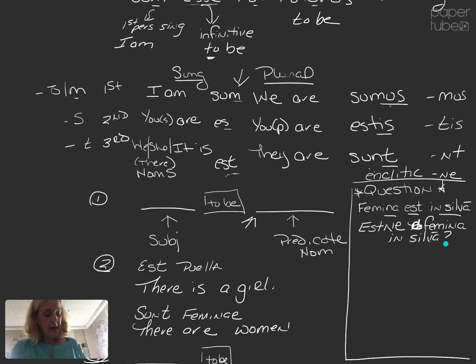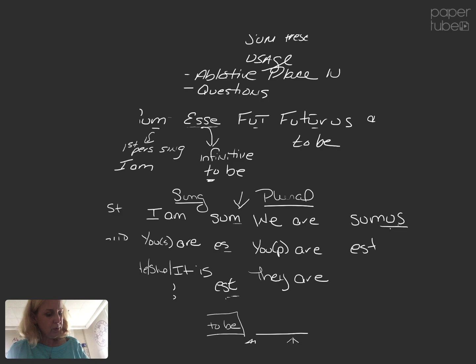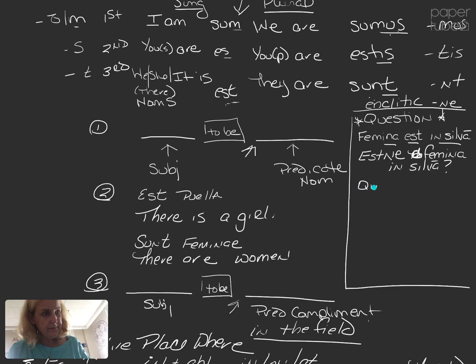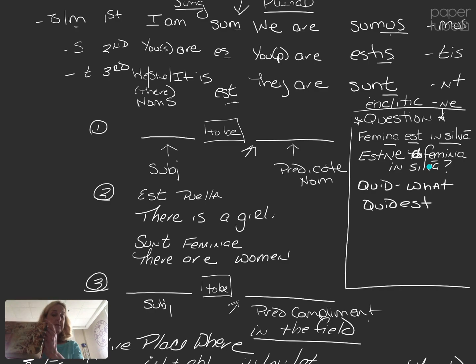We also learn how to make two other kinds of questions. We have quid, which means what? I might say quid est. Est liber, we don't know book yet. But quid est, what is it? Quid est, stylus, pen.